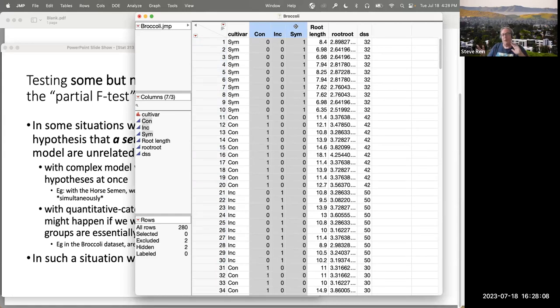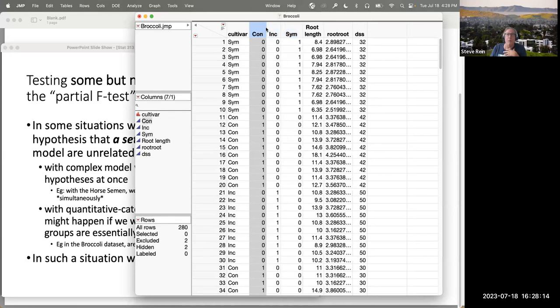Are you a this or that? Or are you something else? If I tell you whether you're con or not, 1 or 0, and whether you're inc or not, again 1 or 0, you sort of know whether you're sim or not. And furthermore, across these first two columns, you know indeed which cultivar you are.